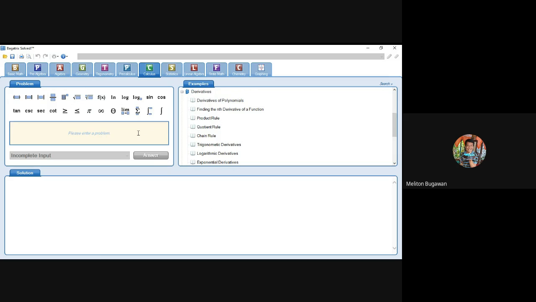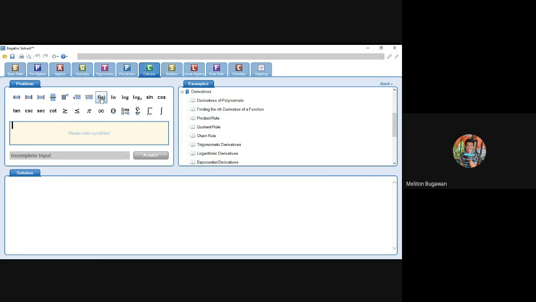Now, if you have an activity where you are going to find the derivative of a given function, all you have to do is enter the problem in this dialog box provided.